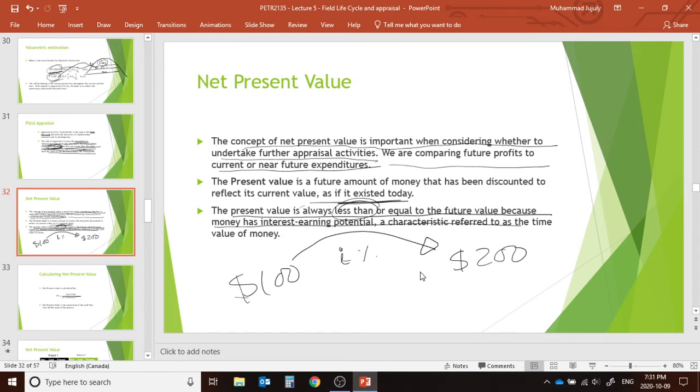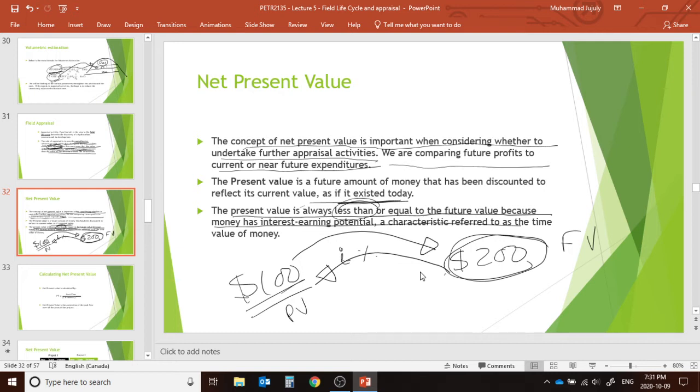Whatever it is, your $100, if you invest it, will become $200. So what does that mean? That means this $200 is the future value, and it is worth $100 right now, which is its present value.